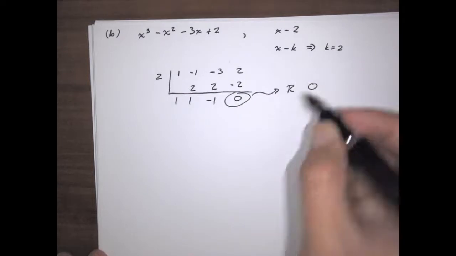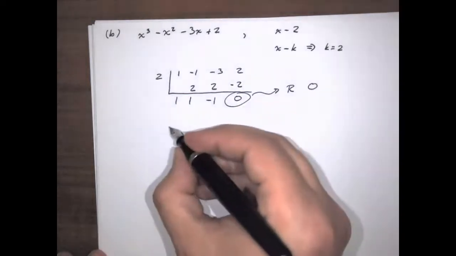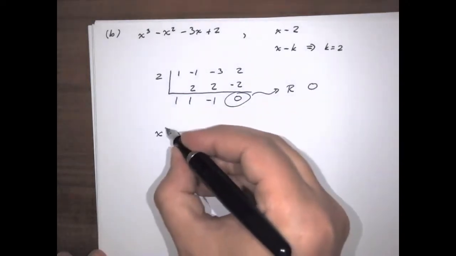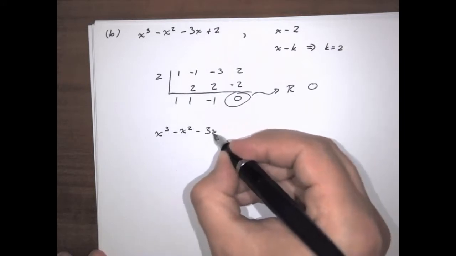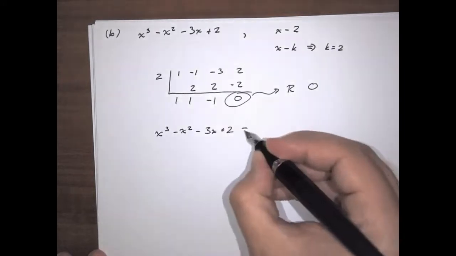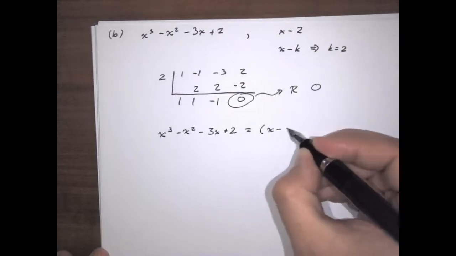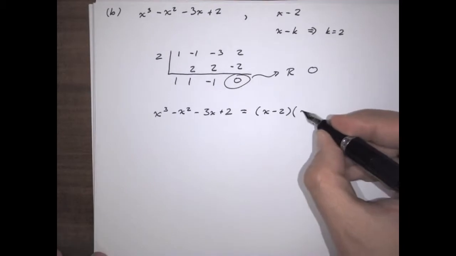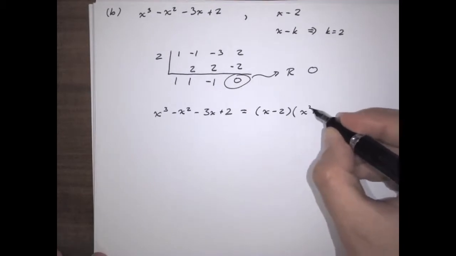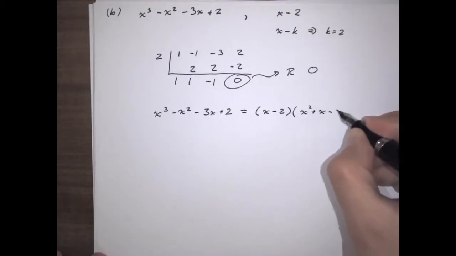So the remainder is 0. So what that means is that x cubed minus x squared minus 3x plus 2 is the same as x minus 2 times x squared plus x minus 1.